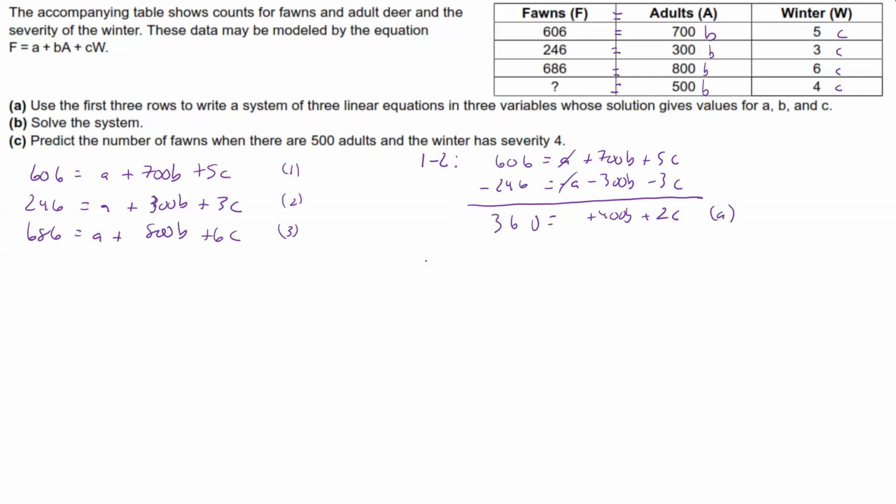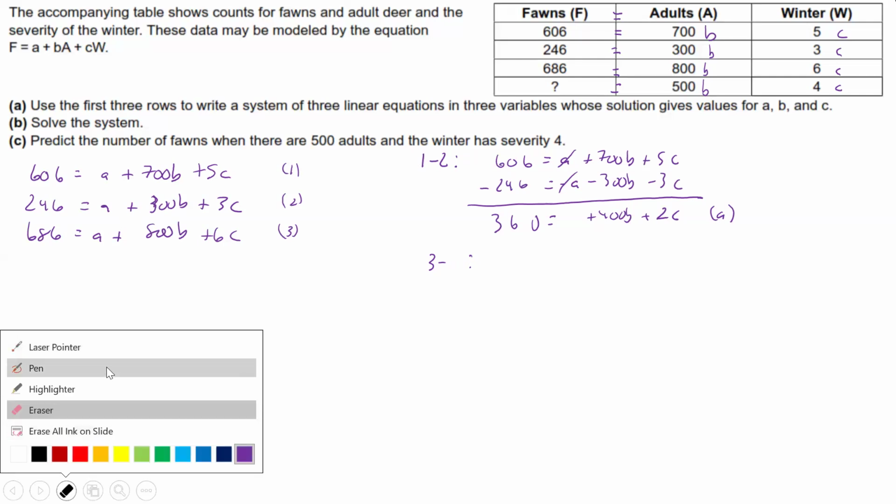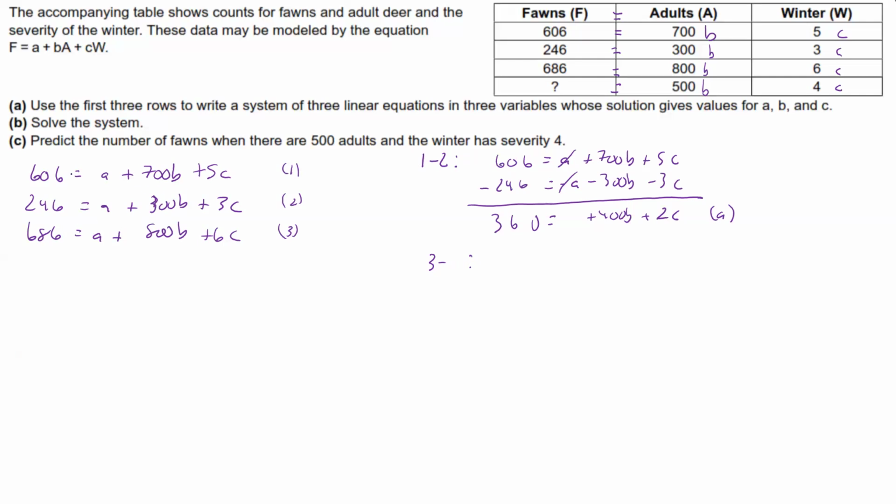Now, let's do the bottom two. Because this one's bigger than this one, I'm going to take 3 minus 2, well, actually, let's do 3 minus 1. You can do either way. I'm just looking because these are close numbers.